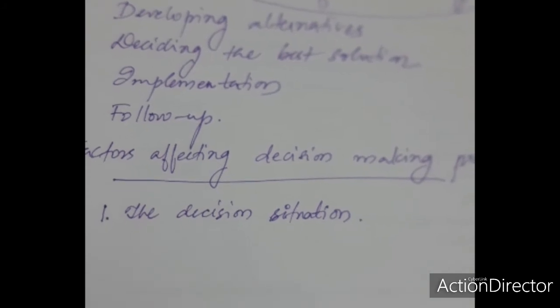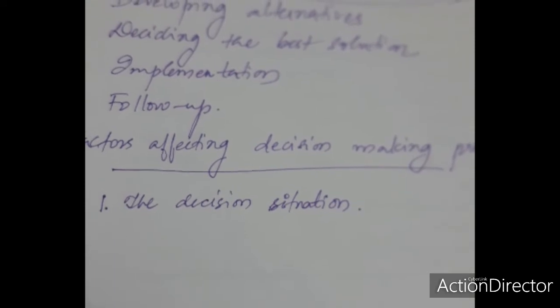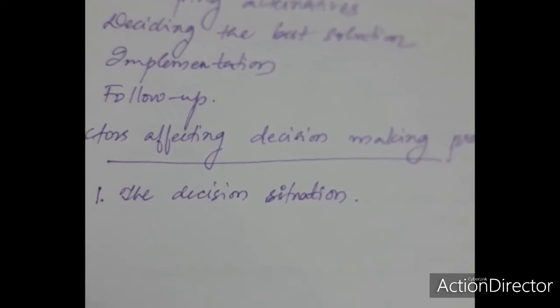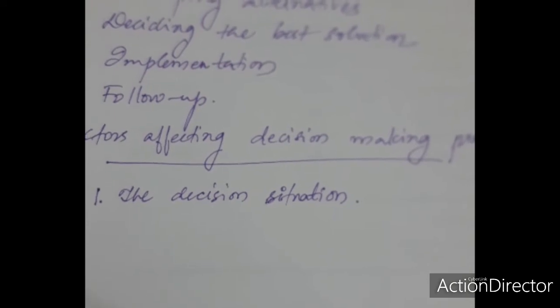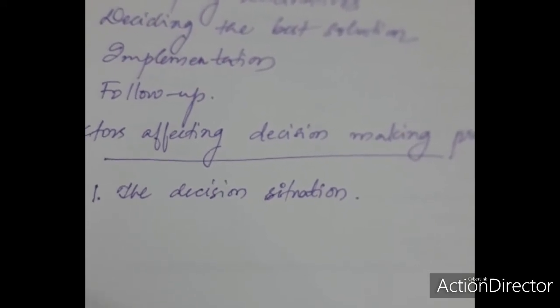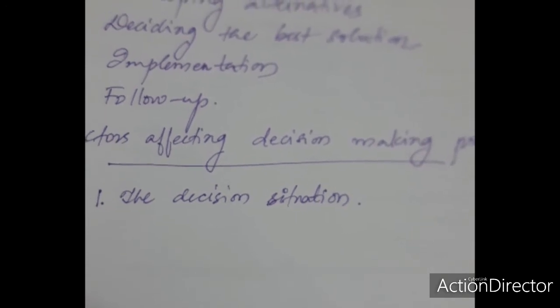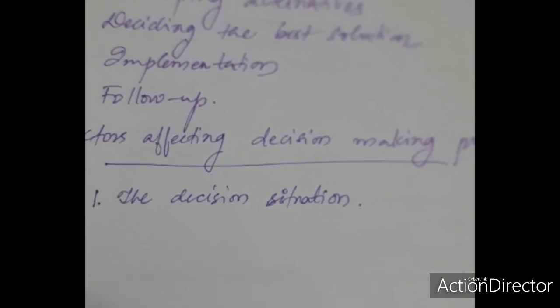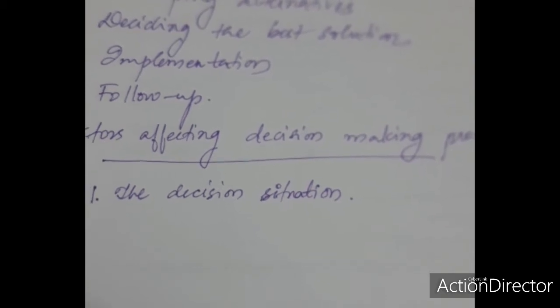It is a duty of the manager or the person who is taking the decision to recognize on what basis we are taking the decision. So risk implies that we really know what the possible outcome will be, whereas in uncertainty we're not sure about what the outcome will be.